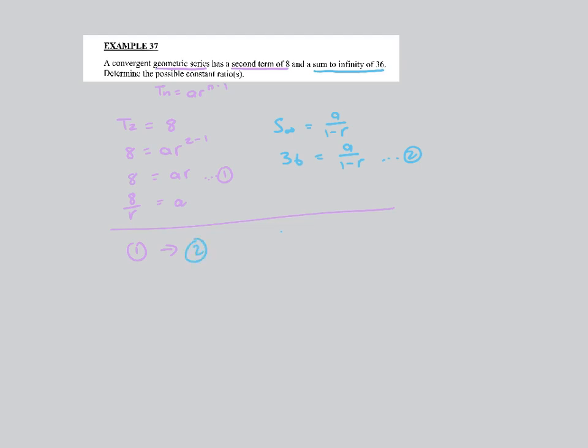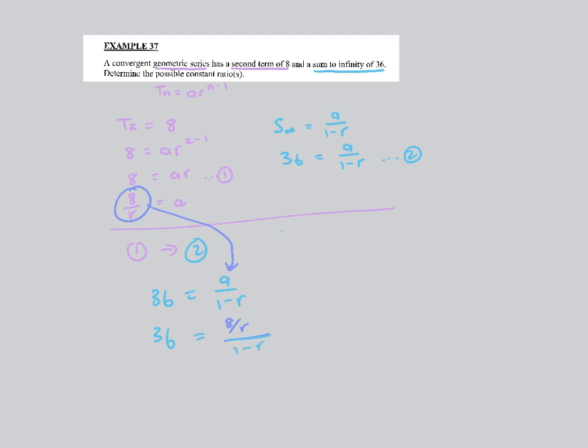So let's write down equation 2: 36 is equal to a over 1 minus the ratio, and we're going to substitute 8 over r for a. Therefore, 36 is equal to 8 over r divided by 1 minus the ratio.